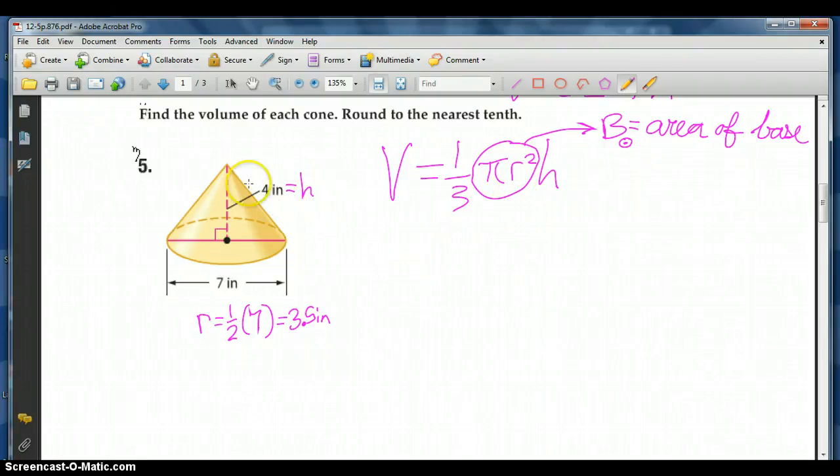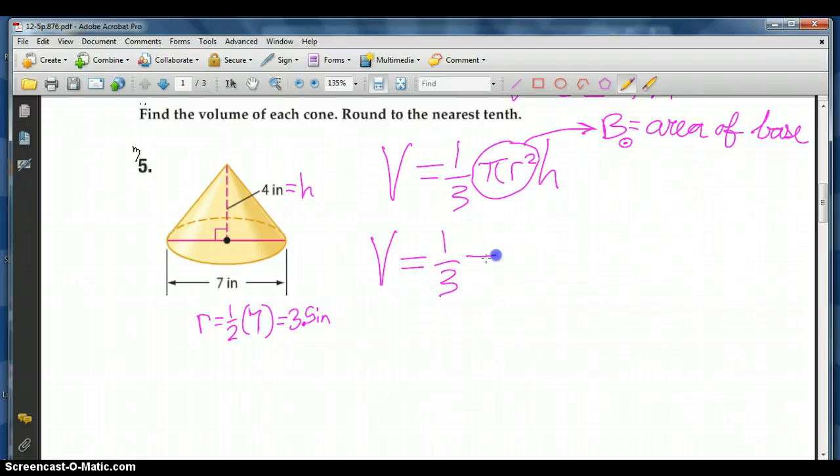So I've identified the height. Once again, the height has to be perpendicular to the base. This is not the height over here. This is actually the slant height. So our height is 4, and our diameter is 7 inches. So to find the radius, take half of that, and you get 3.5 inches, and then you can substitute those values into the formula.